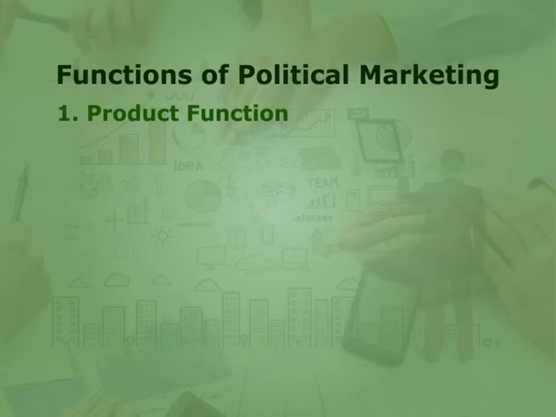According to political marketing theorists, there are 8 generic functions of successful political marketing, which include the following. The first function is the product function. In political marketing practice, there should be an exchange between political parties and the electorate in the electoral market.